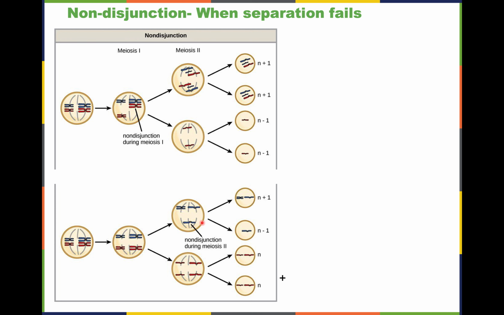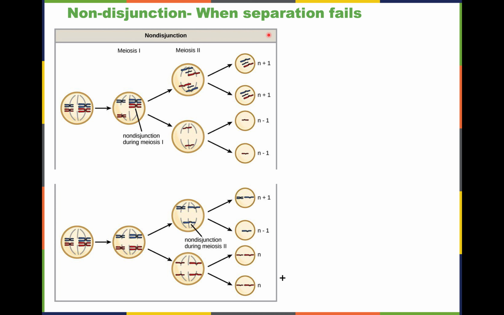So from this cell, in which sister chromatids didn't separate, we're going to get 2 different types of cells. One is n+1, which has 2 little chromosomes and 1 big one. In this one, the little chromosome is missing, so it's n-1. In the other cell where the separation of sister chromatids happened properly, we just have 2 normal cells which have n number of chromosomes, which in this case is 2.